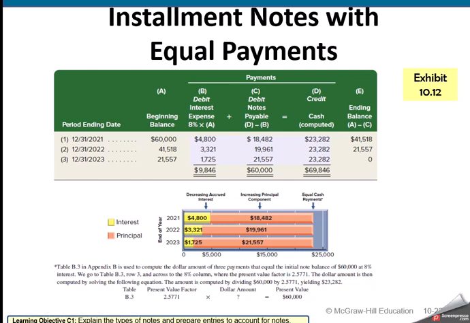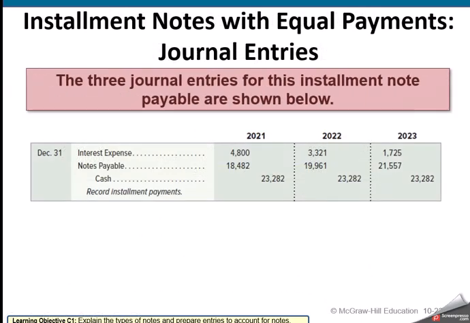So when we do these installment notes, I'm going to do them using the time value of money keys on our calculator, just like we do in business analysis with algebra. And when we amortize out these payments, I will use that amortization function. So hopefully everybody is comfortable with that.